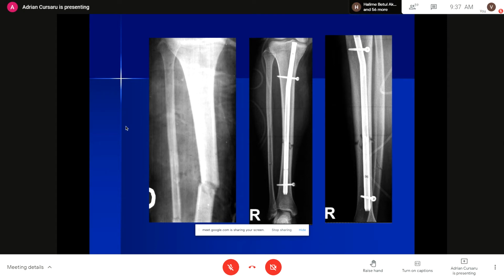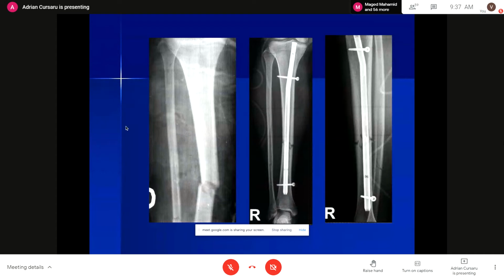It is very important to establish if the soft tissue is normal or not. It is very important to establish if we have vessel damage, which matters for hemorrhagic shock. It is very important to establish if we have nerve injuries.